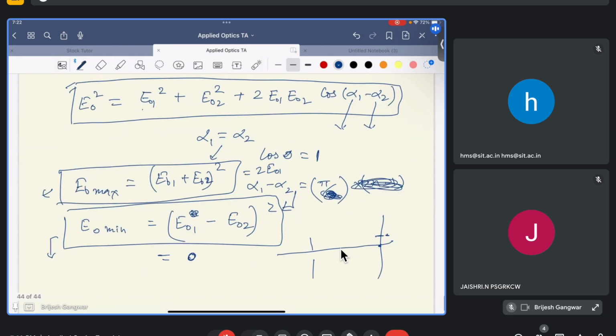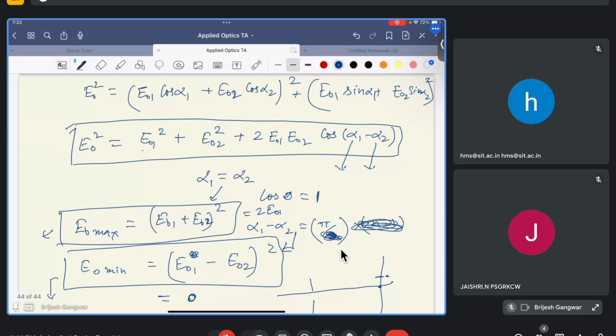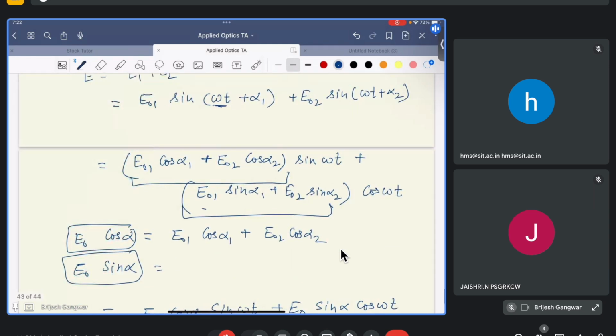Okay, so this is some type of superposition of waves covered in this one. I just derived some mathematical concept for that. The superposition of two or more waves you can also write in a similar way. Here I considered two waves.